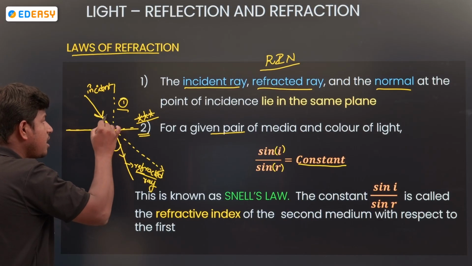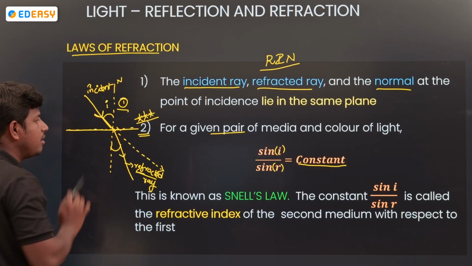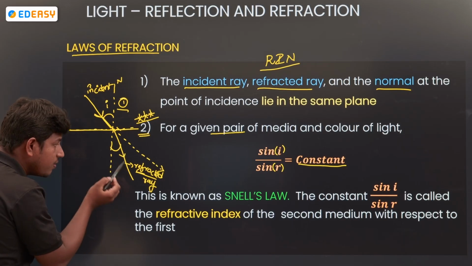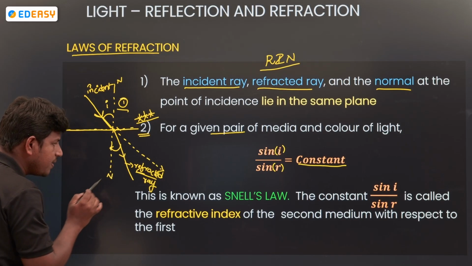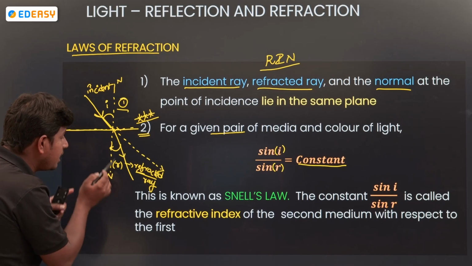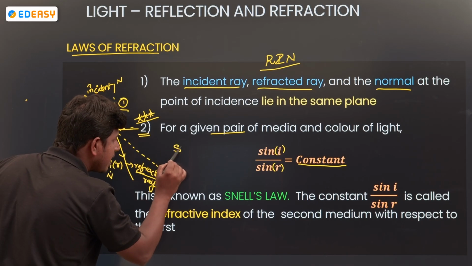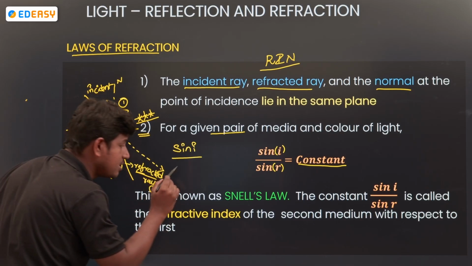Here the incident ray makes an angle with the normal, that is called the incident angle. The refracted ray, which is in the second medium, also makes an angle with the normal, that is the refracted angle. So here we take the sine of the angle, sin i, and here also we take the sine of the angle, sin r.